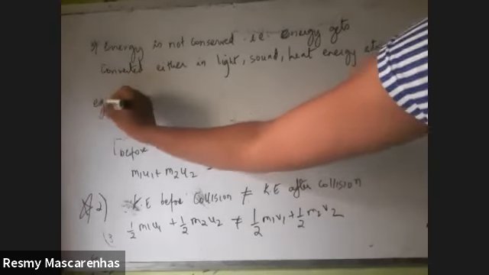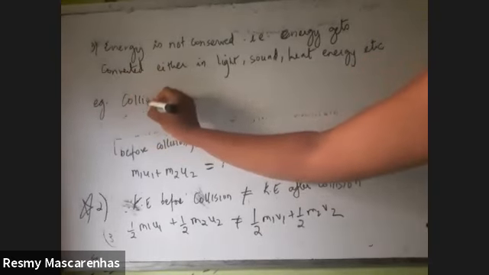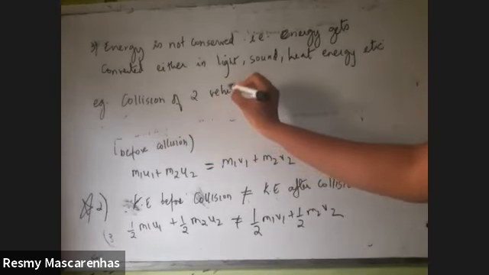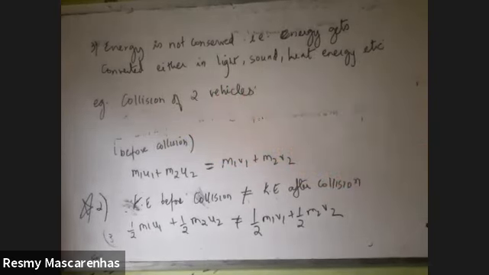Example, collision of two vehicles. There will be sound coming, there might be some heat produced, there could be some flash of light produced. So in various forms, energy may be lost.